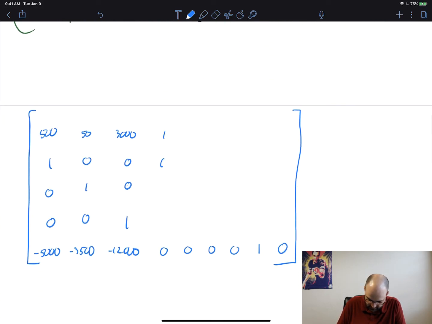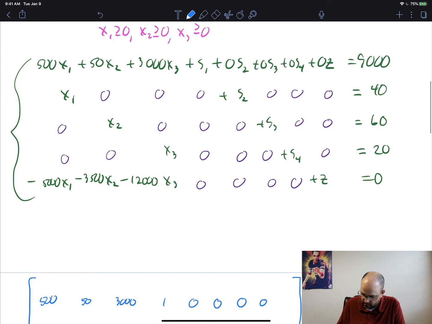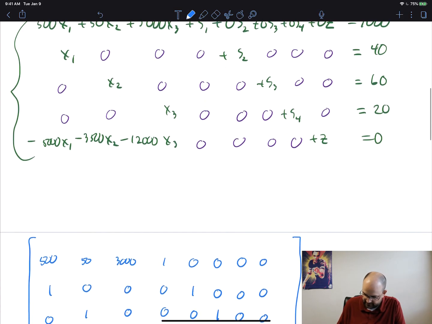Then basically this. Good. And then the equal column, which is 9,000, 40, 60, 20.